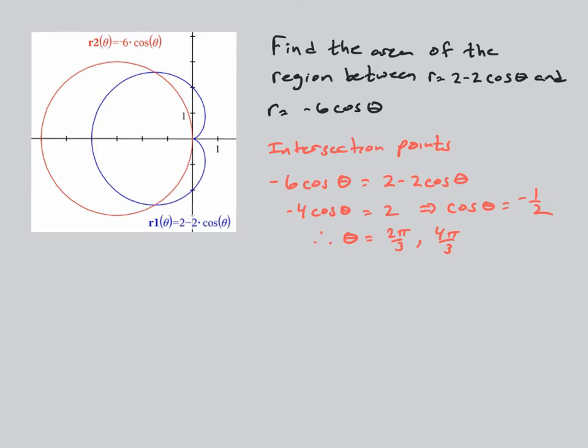And so those points are located here and here. If I draw a line that comes out here, there's 2 pi over 3, and then here is 4 pi over 3.